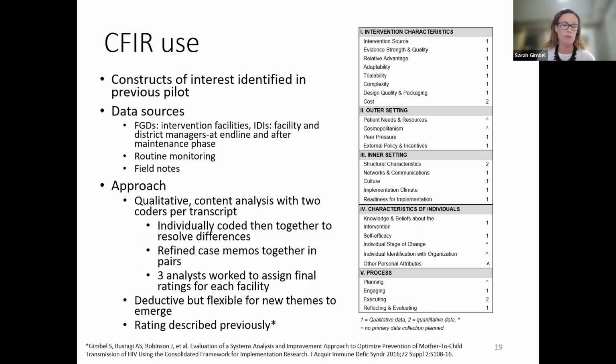My rating approach has been described previously, which I've adapted from Laura Damschroder. In brief, it's a rating process that reflects the positive or negative influence, or the valence, of a particular construct and the strength of each construct. The constructs are coded as missing too much data, not available, weakly 1+, 1-, or strongly 2+, 2-, distinguishing low or high performance.